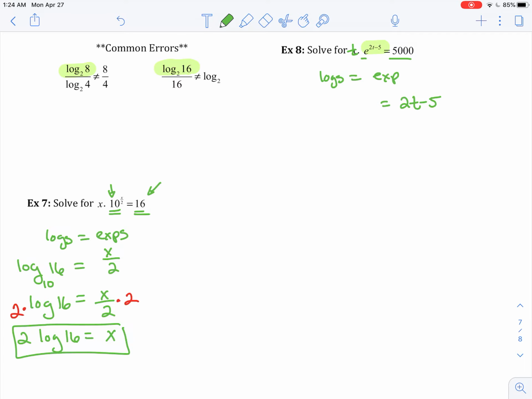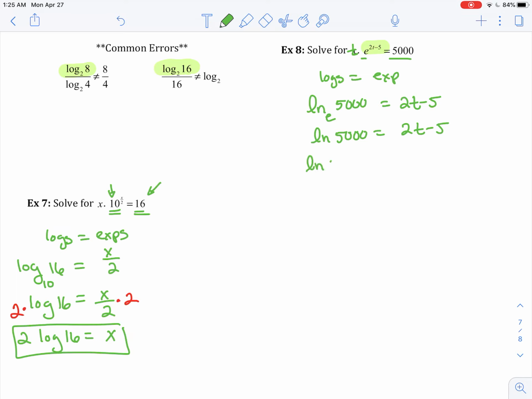So we know that that 2t minus 5, that exponent, is equal to, well, since it's base e, instead of writing log, I'm going to write ln, where base e is implied. I do not have to write the e. I'm just writing it right now to overemphasize. So the natural log of 5,000, that base e, would equal that exponent of 2t minus 5.